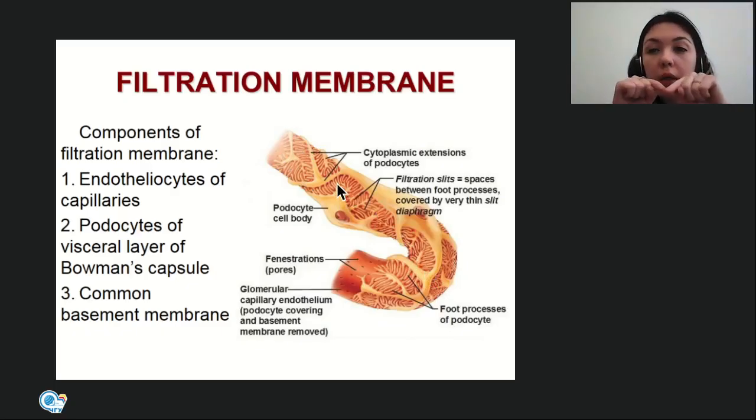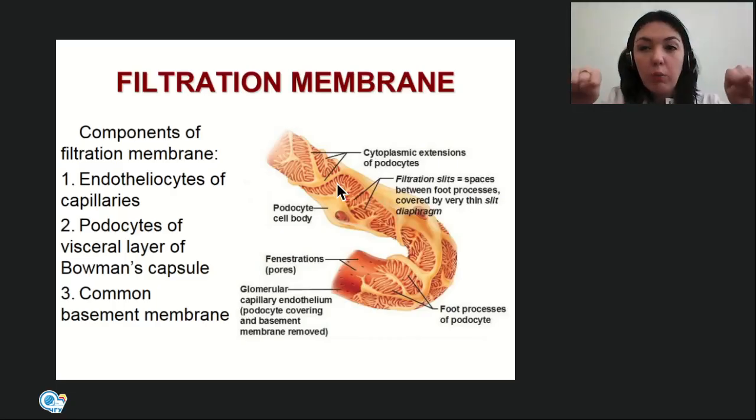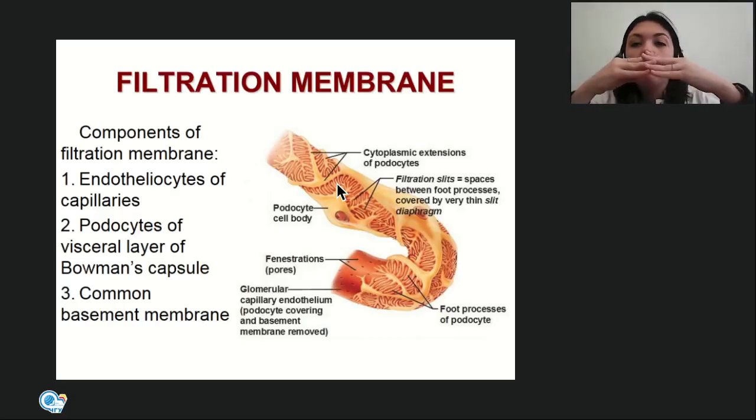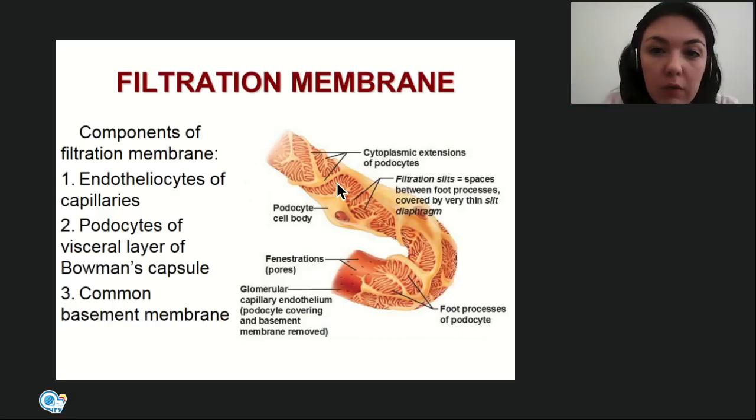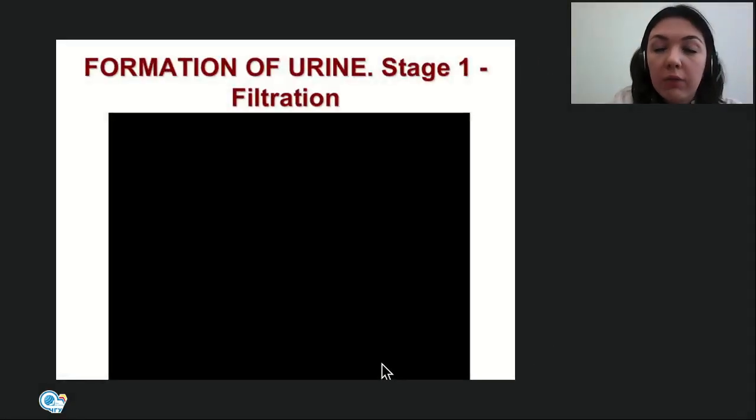Like in an amoeba, there are outgrowths, like processes, and between these processes there are filtration slits, spaces between foot processes covered by a very thin slit diaphragm. So between them substances can pass, but not all of them can pass. We know that blood consists of plasma and blood cells, yes? These blood cells cannot pass because they are very big.